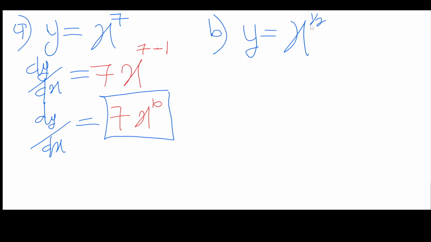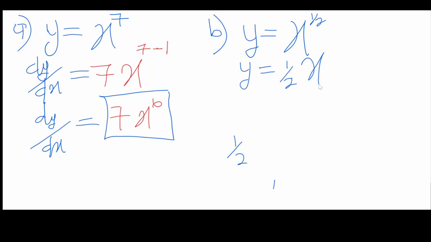The exponent here is 1 over 2, and the coefficient still remains 1. So multiply the power with the coefficient. We have 1 over 2 multiplied by 1, which still remains 1 over 2.